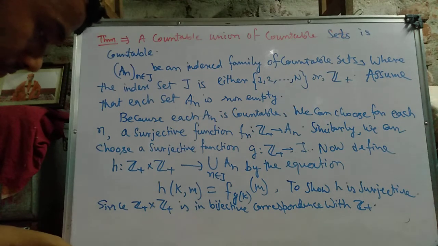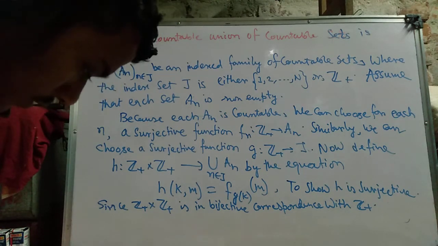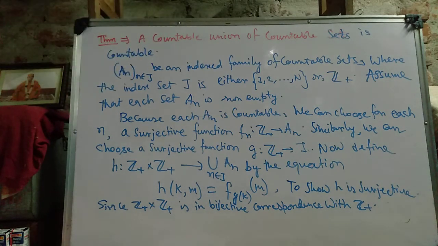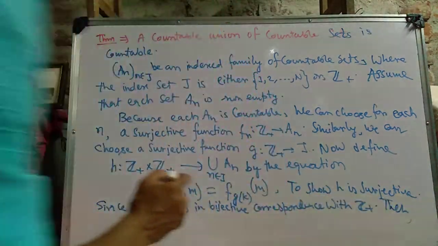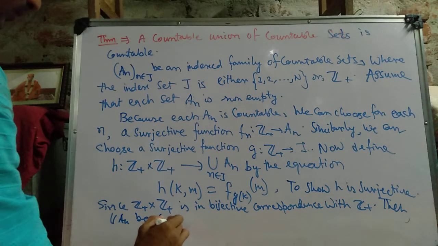That means this union is countable. Okay, the union of A n is countable.